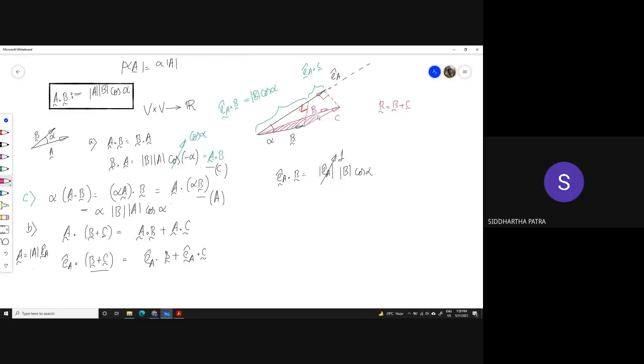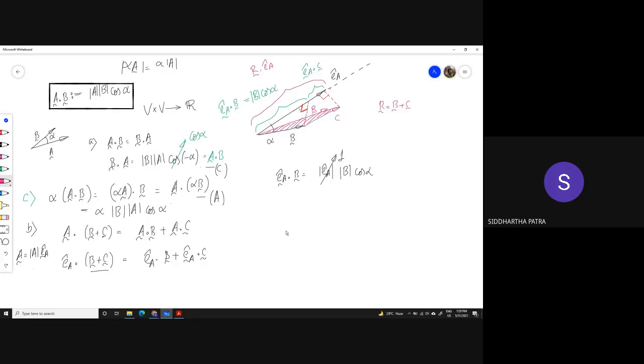But imagine, in general, there is no restriction that A cannot be on the plane of B and C, but in general it need not be on the same plane as B and C. Still, the distributive rule should work. If I look at R, this length right here is essentially R dot EA.